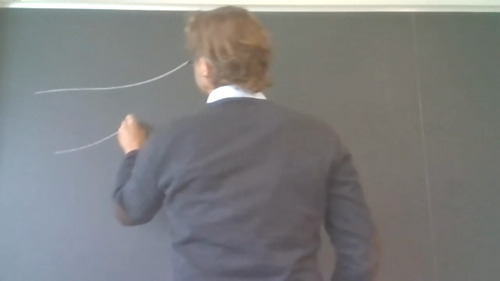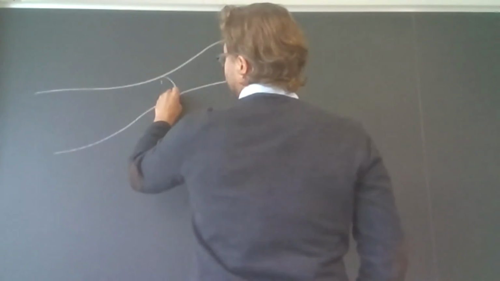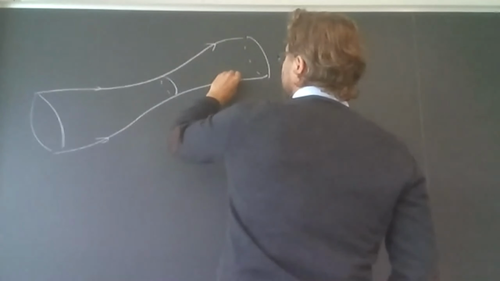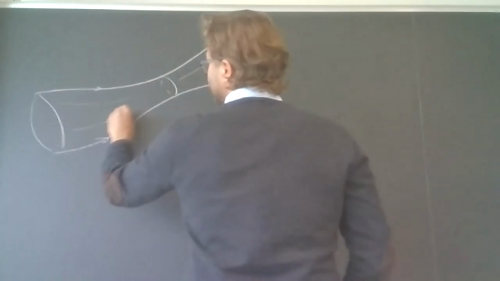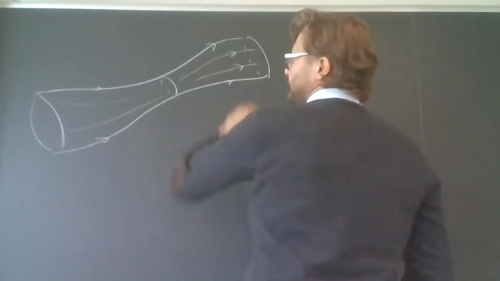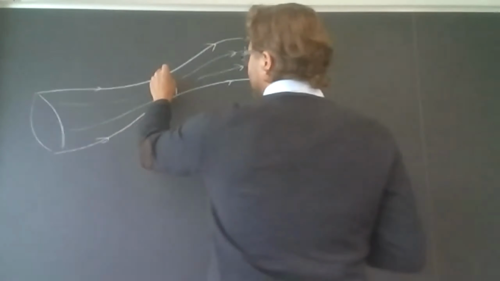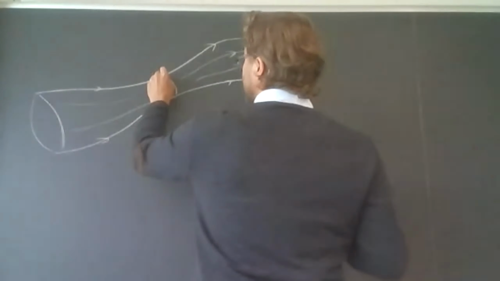Again, we look at a bunch of streamlines going through, let's say at least virtually, a pipe. So we have streamlines here, and so on. We have all these streamlines here, and we have cross sections.